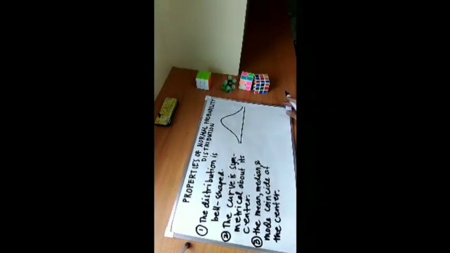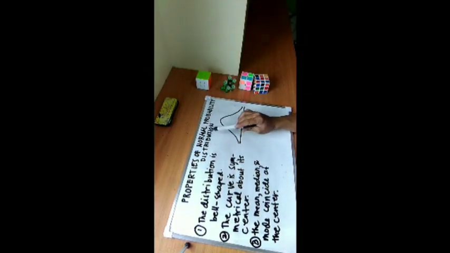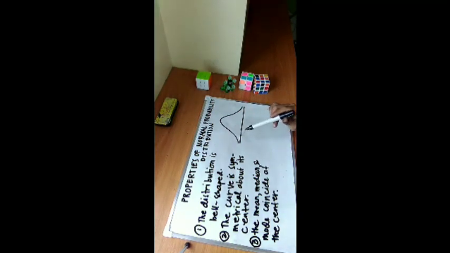Okay, welcome back. First, we will discuss the properties of the normal probability distribution. When we say property, we are to discuss the characteristics of a curve, the curve of the normal probability distribution.